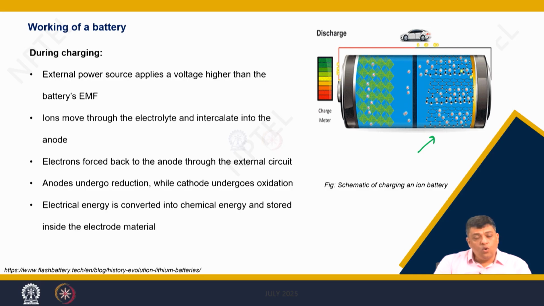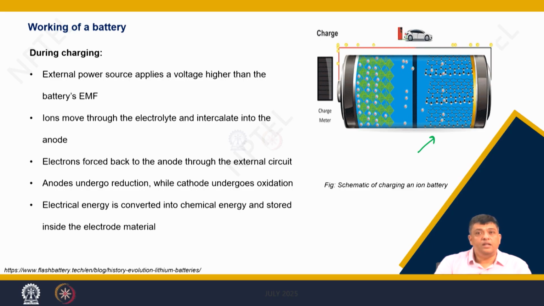So, anode undergoes reduction while cathodes go through the process of oxidation, and the electrical energy is converted into the chemical energy and stored inside the electrode material in such batteries, and then when you require them, the chemical energy is converted to electrical energy.